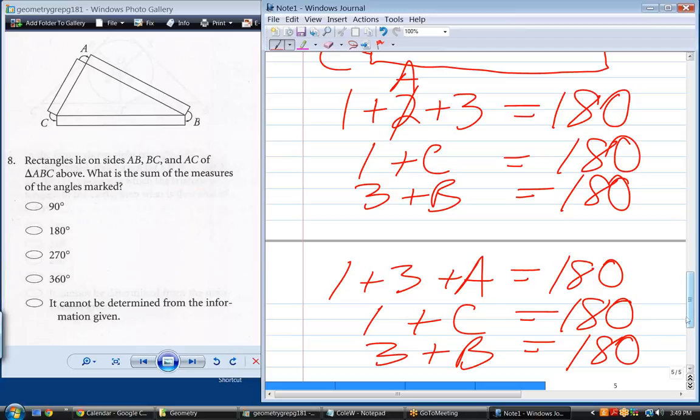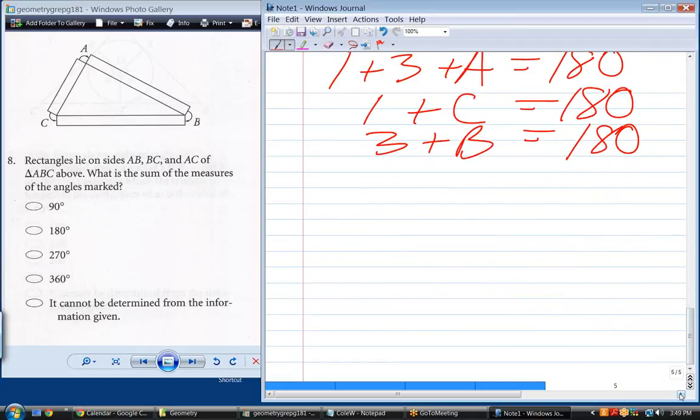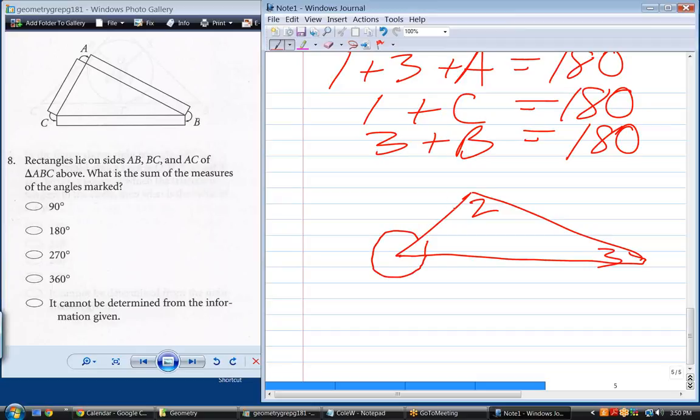All right, let's look at this a little differently. I think there is a correct answer. If we know that 1 plus 2 plus 3 equals 180, well, what about this angle plus that angle plus this angle? Each one of those is equal to 360. We're subtracting 180, so we really have 1080 minus 180.